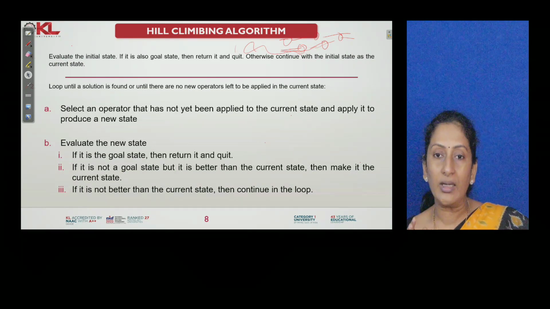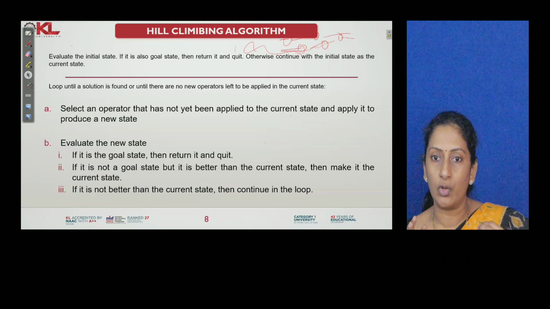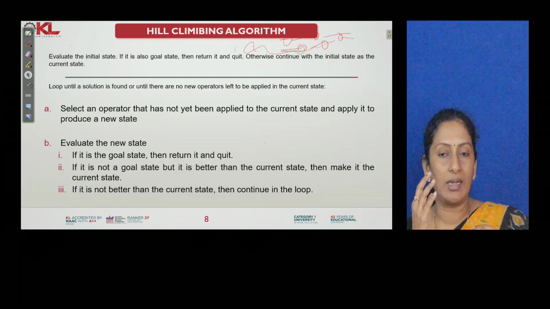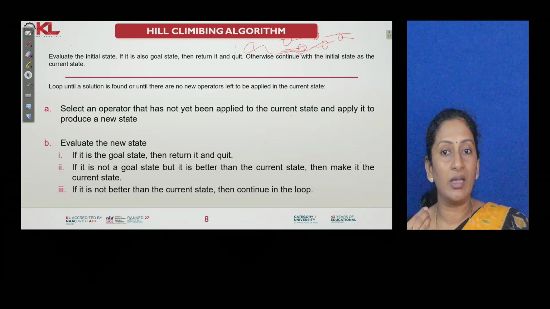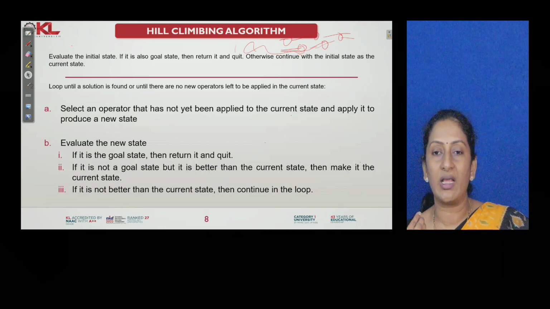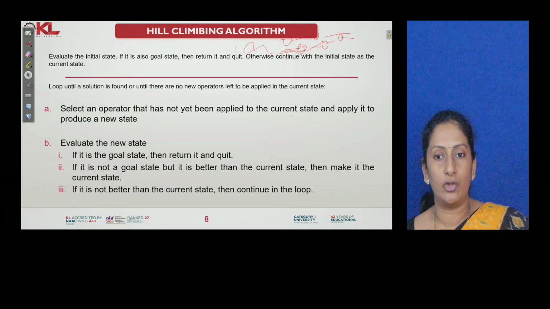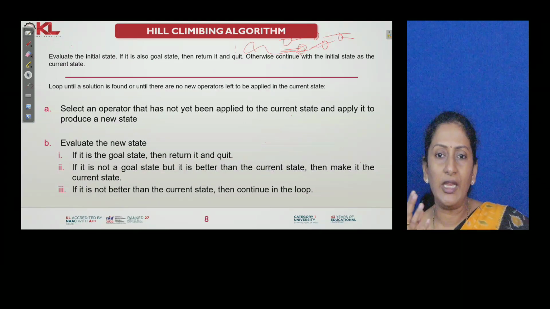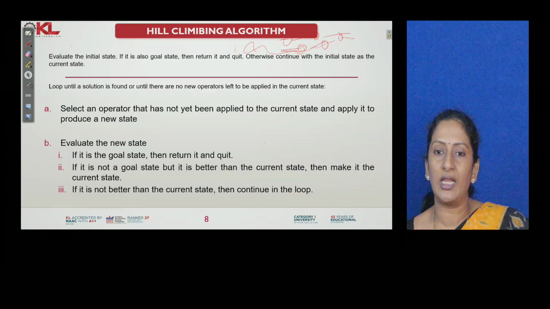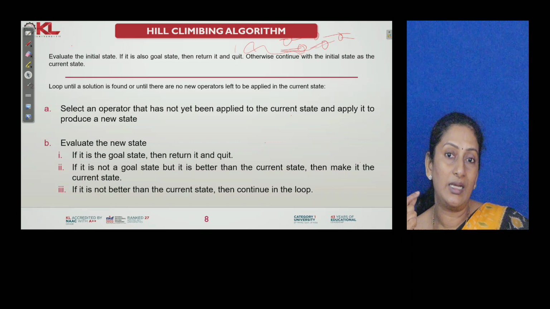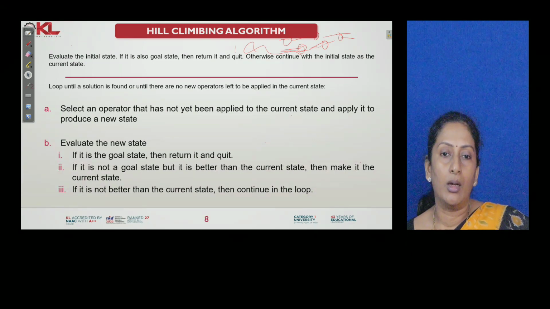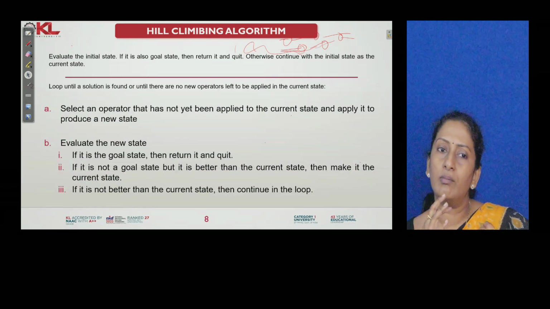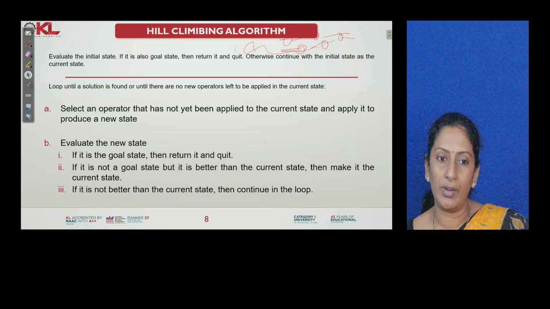If it is not better than the previous node, we do not consider it as our next node. We see whether any other node in the neighborhood has a better value, and we consider that as our next state. If no such node exists, we can choose any of them. This is a disadvantage of hill climbing, but there are many advantages also for simple hill climbing.